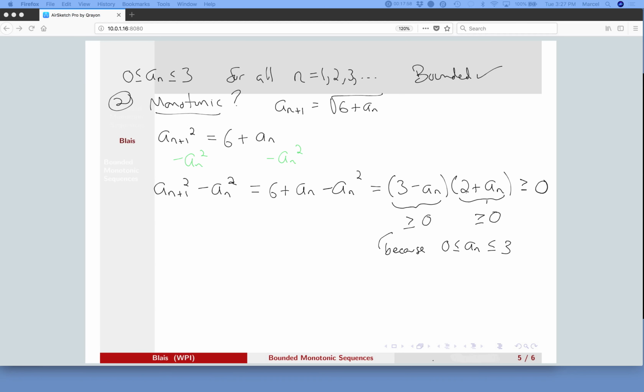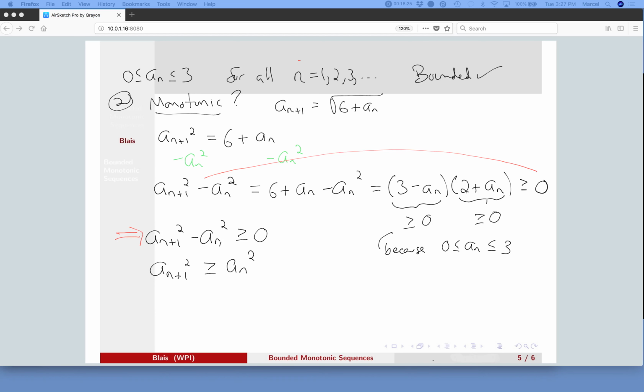Okay, now connect the ends of this. So this and this here. So thus, a sub n plus 1 squared minus a sub n squared is greater than or equal to 0. A sub n plus 1 squared is greater than or equal to a sub n squared.